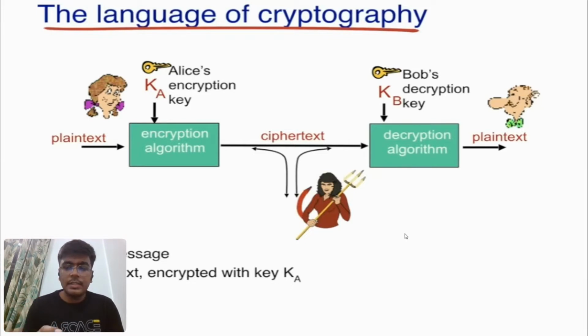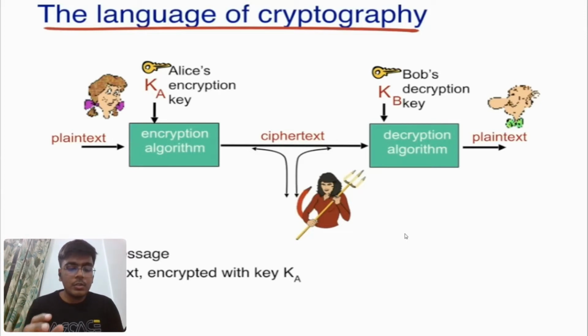In this example, the goal here is for Alice to communicate securely with Bob. So, what Alice wants to do is send a plain text to Bob, but if she sends this message as is to Bob, there might be a chance that Annie might intercept this plain message or can read it.